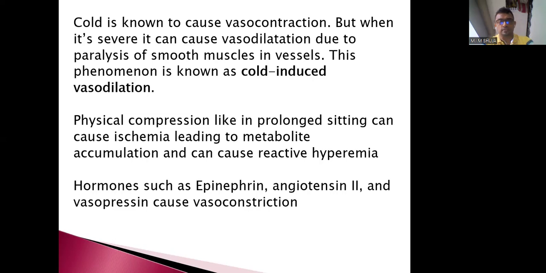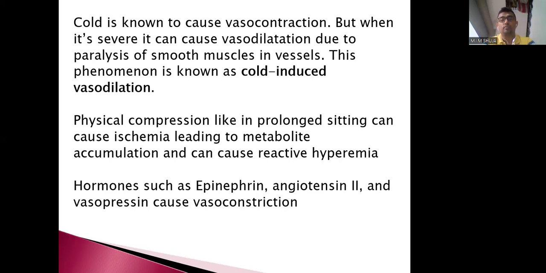Usually, the cold is known to cause vasoconstriction, but when there is a severe cold temperature, vasodilation occurs due to the paralysis of the muscle vessel. This we call cold-induced vasodilation.